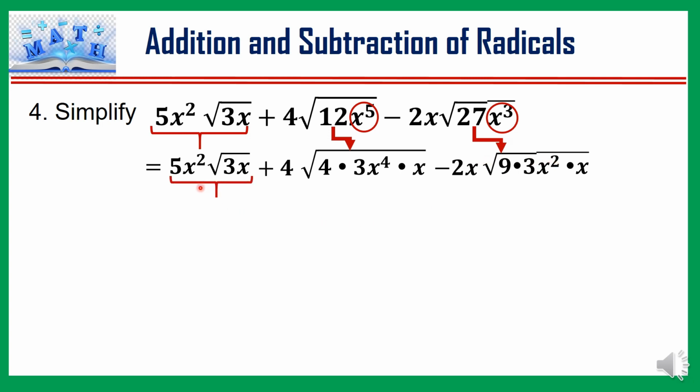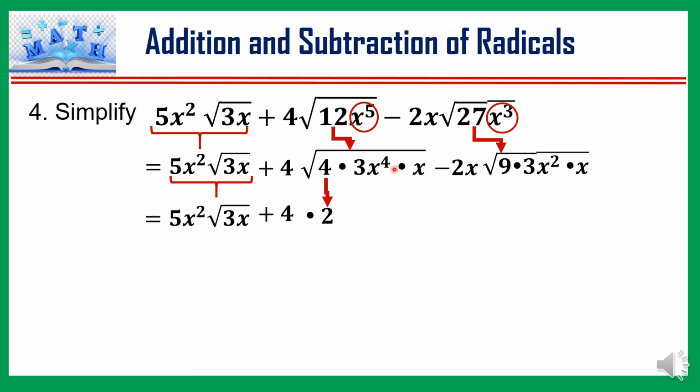So, sunod, copy lang po ulit natin yung terms na hindi pa natin maisisimplify, and then positive 4. Dito, of course, let us find the square root of 4, that is 2. Lalabas po ulit natin yung 2 at magkakaroon tayo ng operation dun sa labas at doon sa number na dati nang nasa labas ng square root symbol.